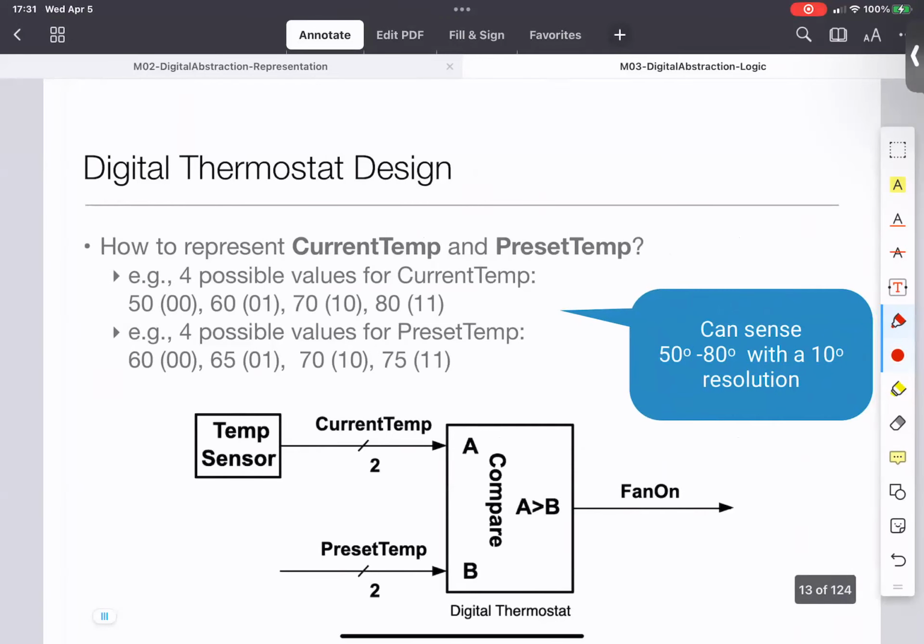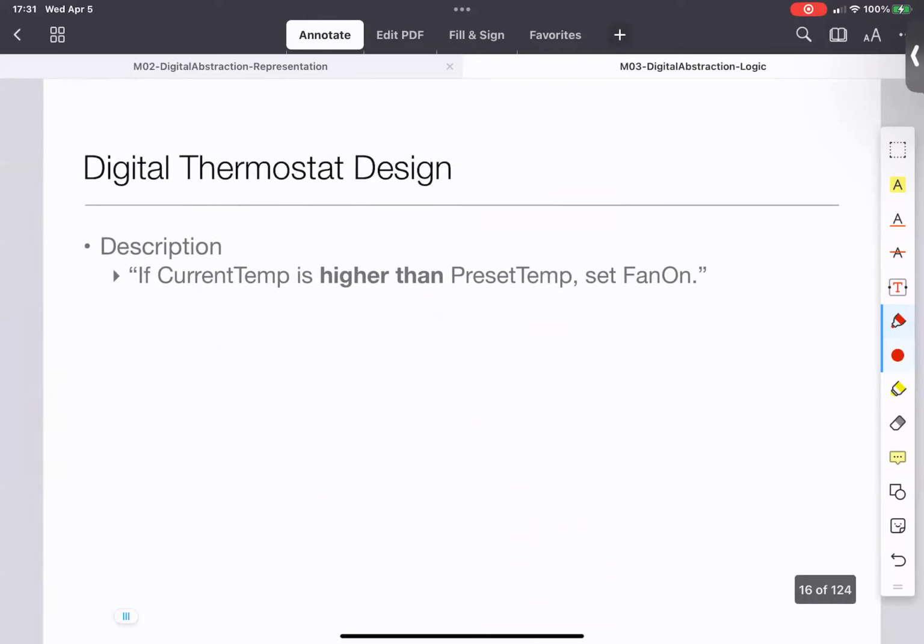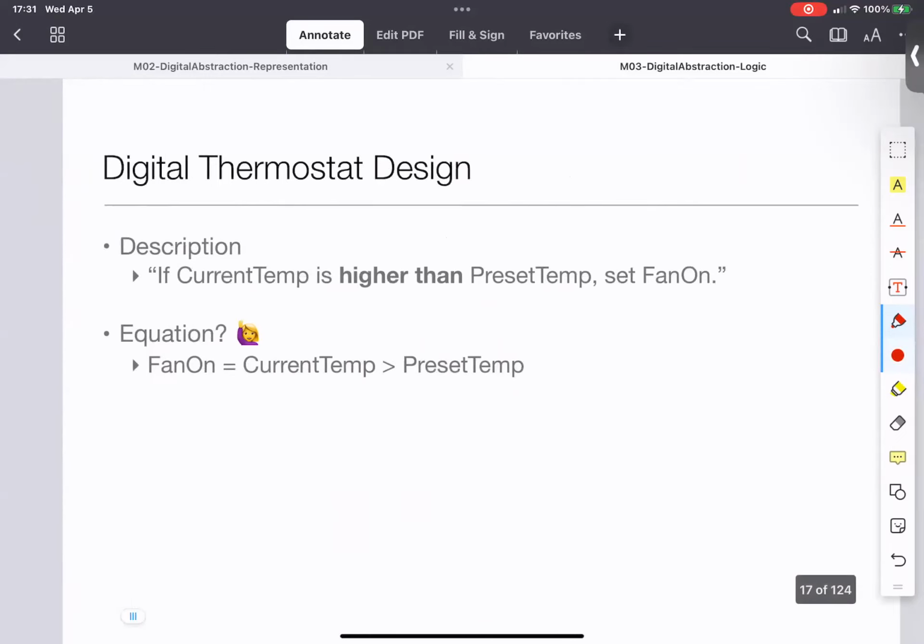So we'll have to design our system, this compare system, which takes 2 2-bit numbers and then outputs a 1 or a 0 for controlling the fan, depending upon whether A is greater than B or not. So, okay, so now what this system is doing is saying, if current temperature is higher than preset temperature, set the fan on.